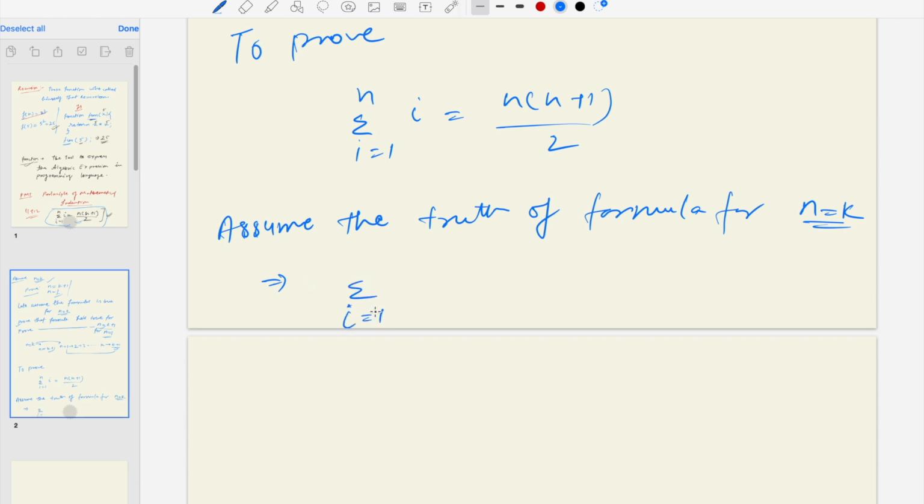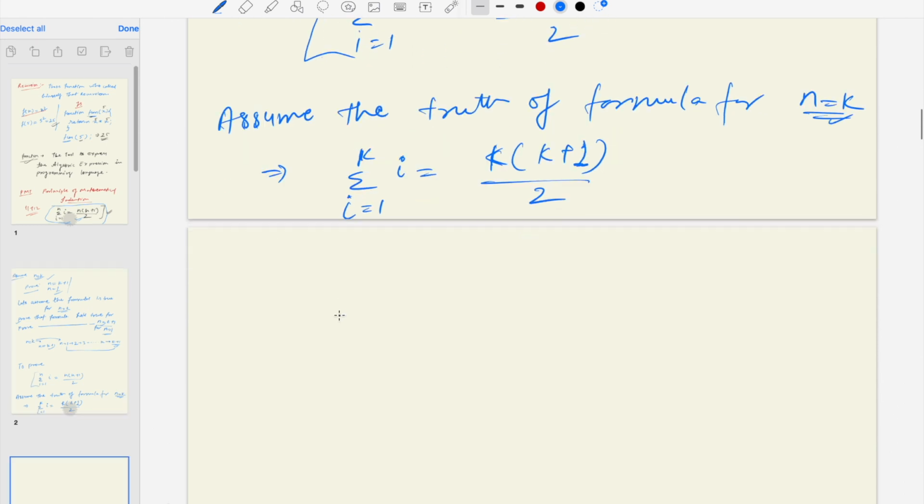Sigma of i equals 1 to n, and what was the value of n? That is k. So we will put k here: sigma of i equals 1 to k for i will be k(k plus 1) by 2, right? Here is the new formula which is formed. Okay, so we assume that this formula is satisfying our base formula.